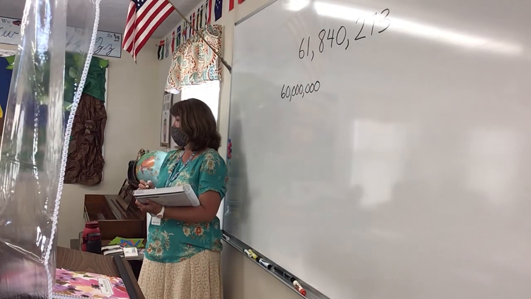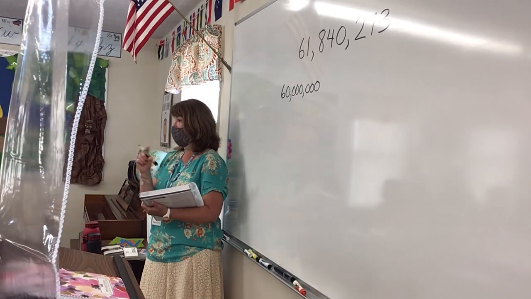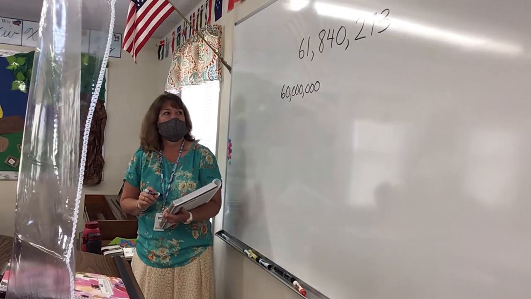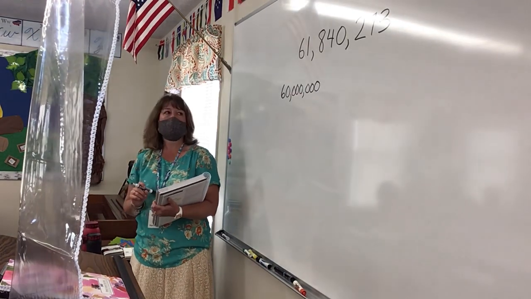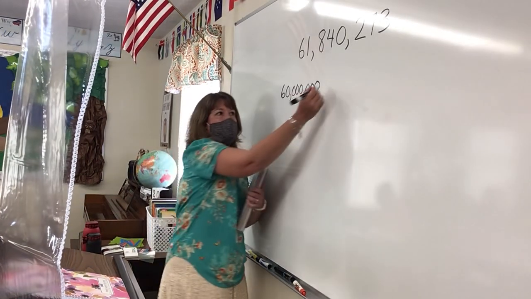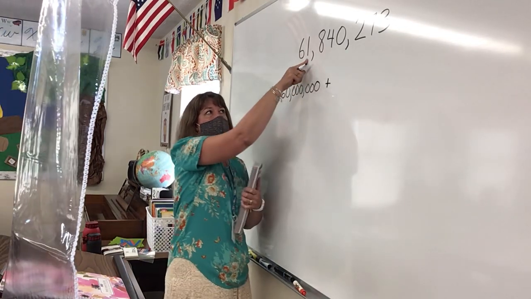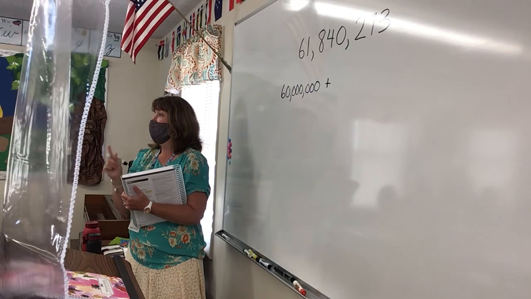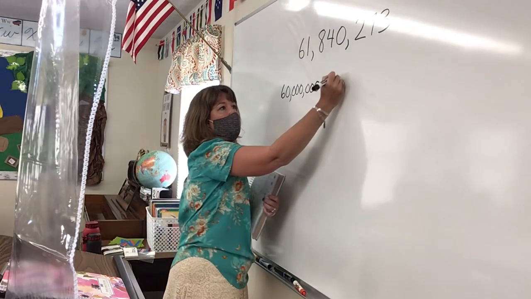And you're going to have to probably write a little bit small to fit it all in that box. 60 million plus, what's the value of the 1? 1 million. So write 1 million.